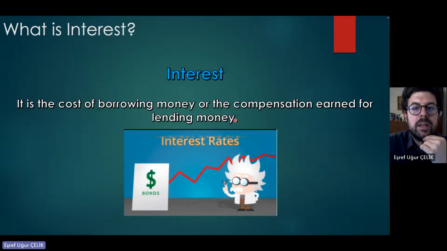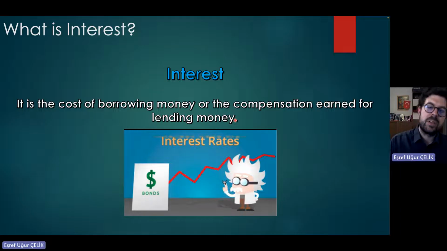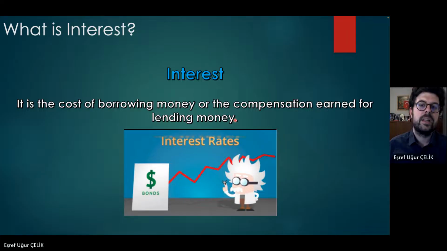I think you borrow money or lend money from your friend. In this process, you mostly see the interest rate over here or other things that can show the cost of borrowing, okay? And that definition gives an easy understanding of interest.